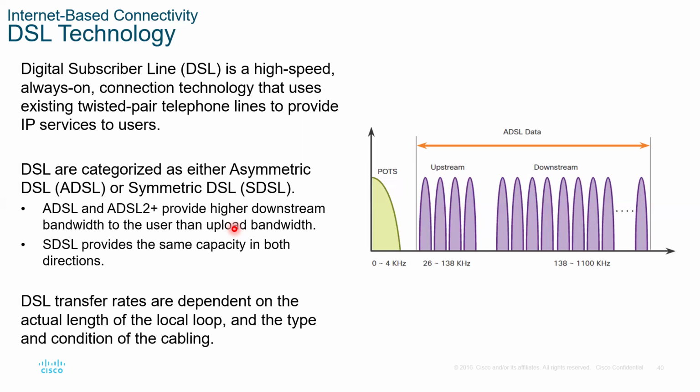If someone knows why the downstream bandwidth is larger than the upload, you can comment in the chat. DSL transfer rates depend on the actual length of the loop and the type and condition of the cabling. Okay, that's DSL technology for you.